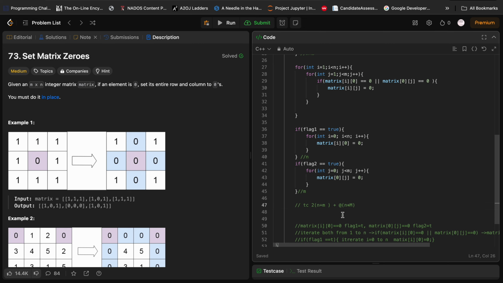So it would be almost n into m, around n square. We can ignore the smaller term, so it's something between n square and n cube. The time complexity would be that much.